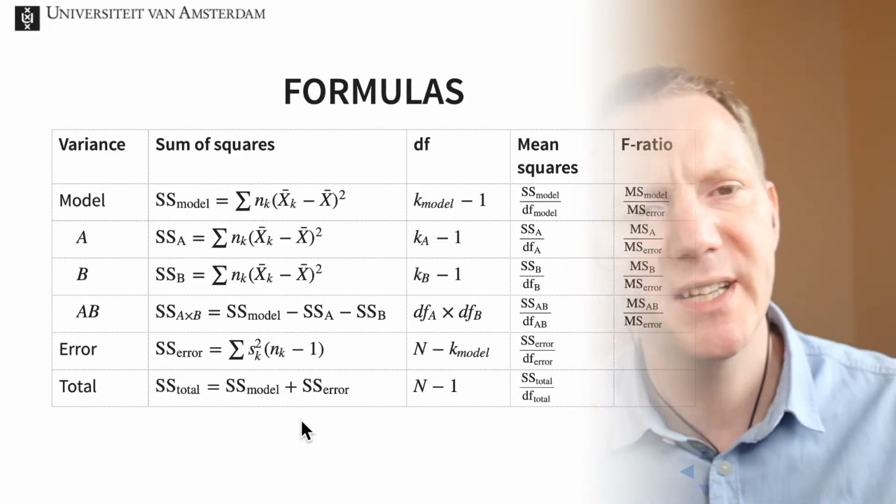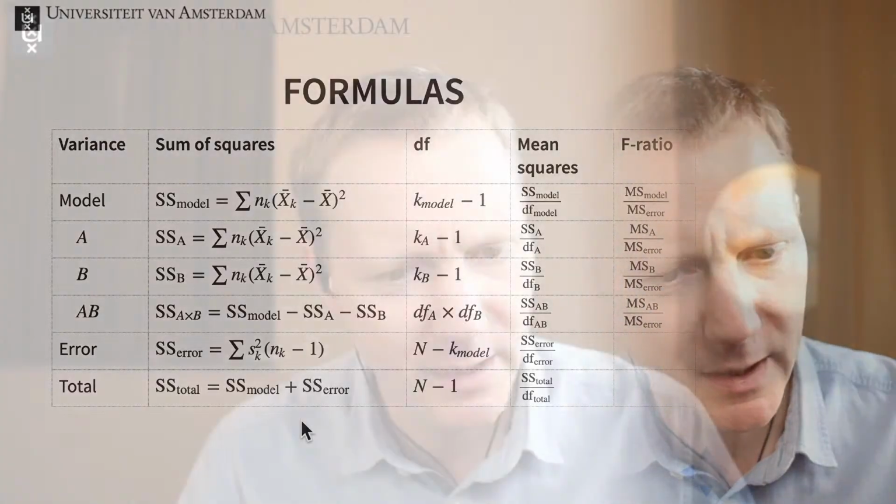And what this does, essentially in the same way as we discussed yesterday, is that because we add more explanatory variables to the model, it decreases the amount of error that we find in our model.